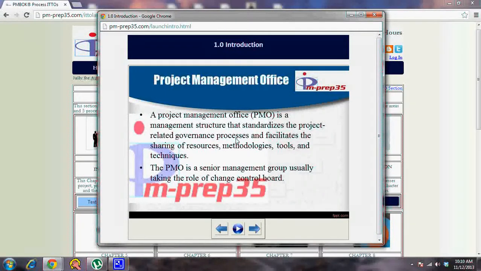Project management office is responsible for training managers, and it's something like a group of senior management getting together to formalize templates for different documents.